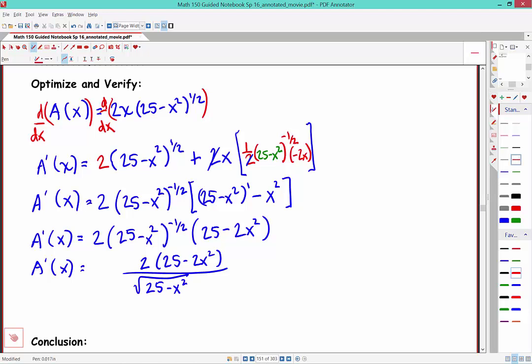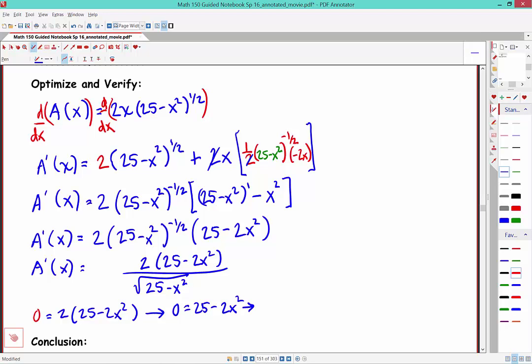Now, finding the zeros of this, we just need to set that numerator equal to 0. So that's going to give us that 0 is 25 minus 2x squared.